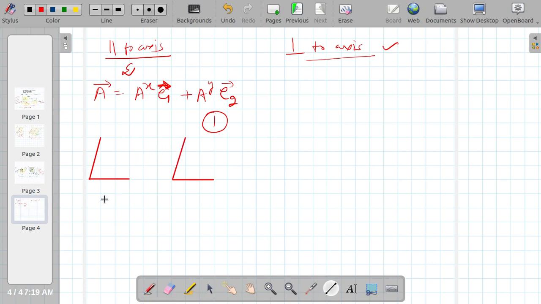There is a vector sitting in this manner. So if rays are coming parallel to this axis, and here the rays are coming parallel to this axis.